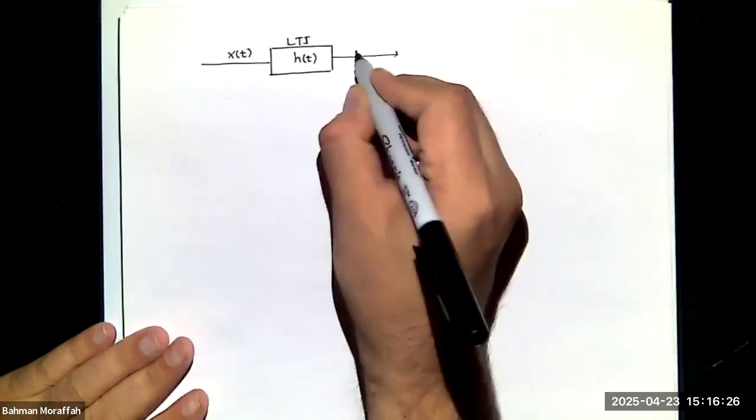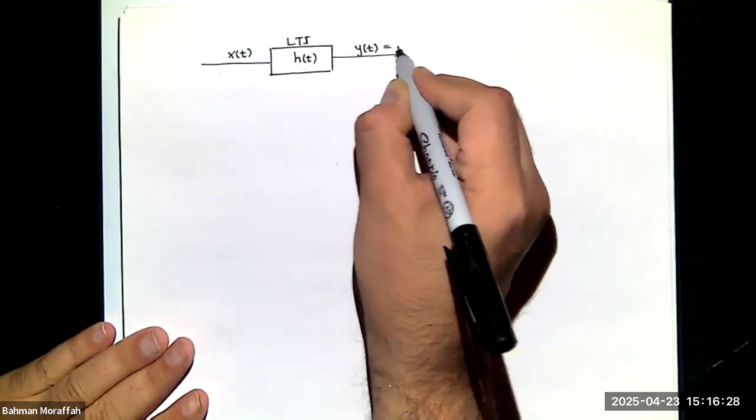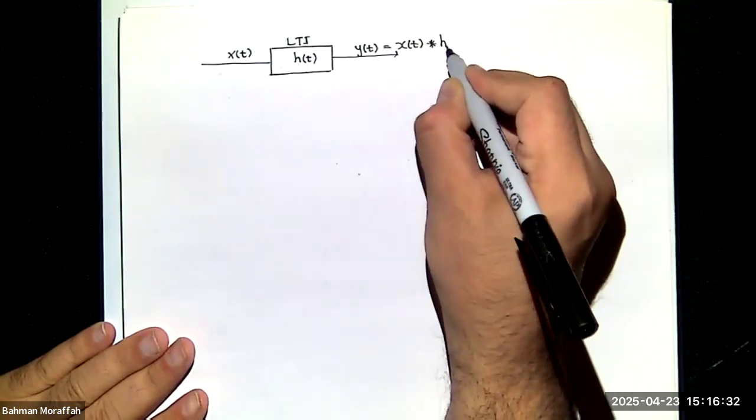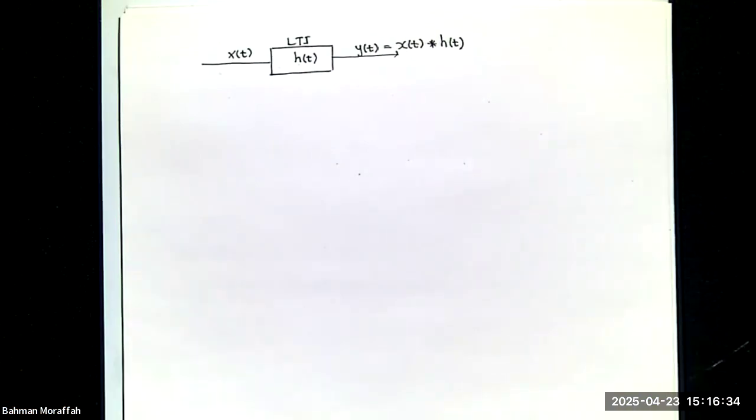And given that, we can always compute the output y of t, which is the convolution of the input by the impulse response, right? But if you remember, this convolution was an integral, so it's hard to compute. Our solution was, instead of solving it in the time domain, let's take it to the frequency domain. And in the frequency domain, this convolution becomes multiplication. But remember, the frequency domain is a special case of this, right?